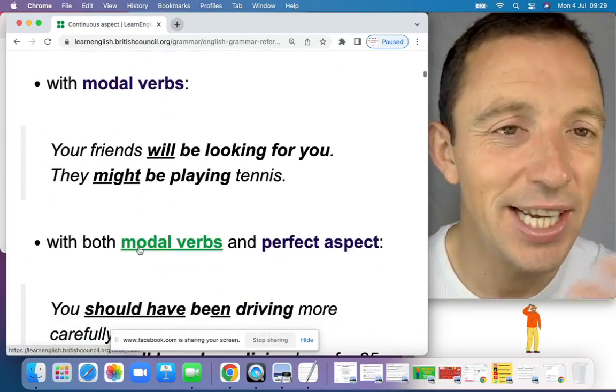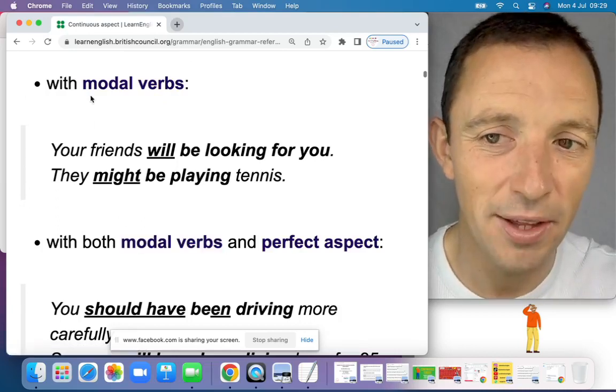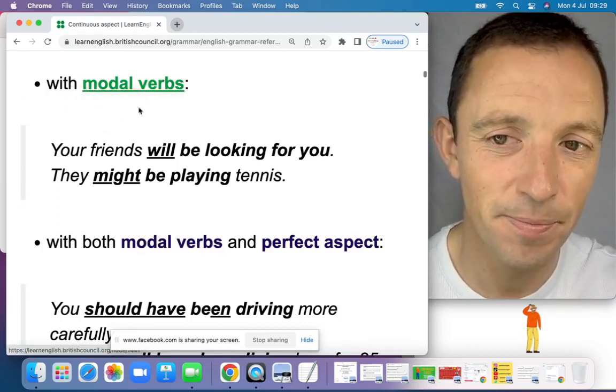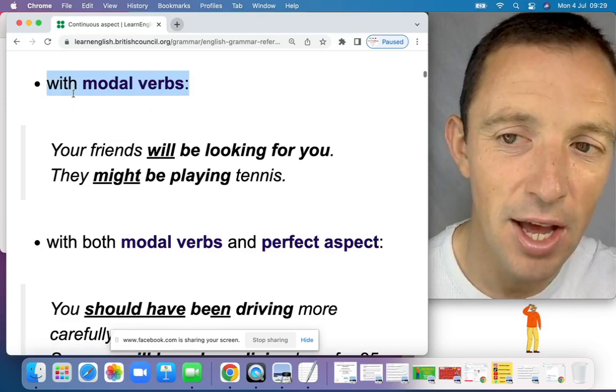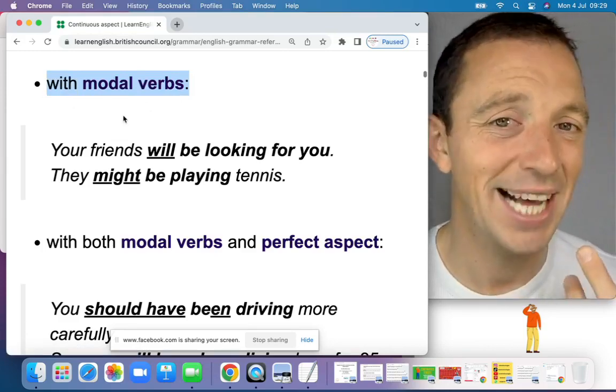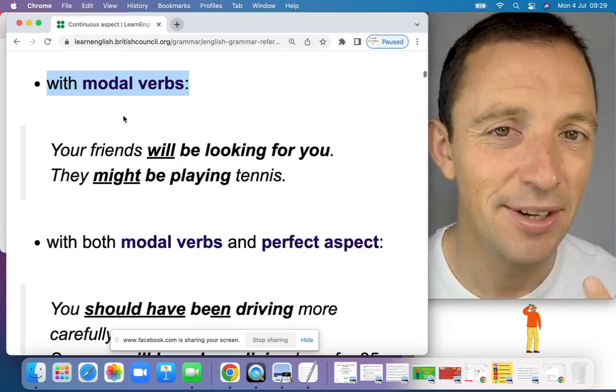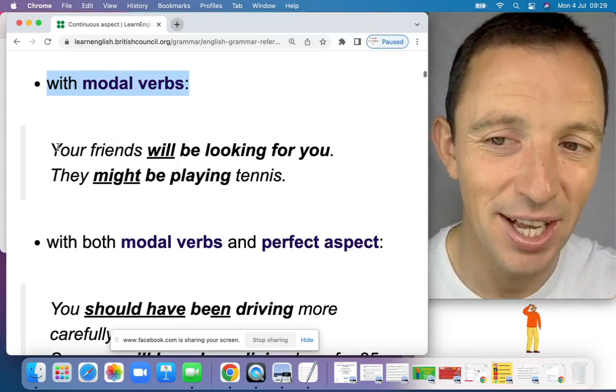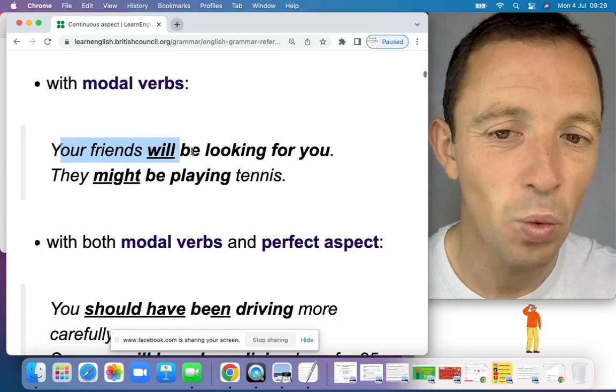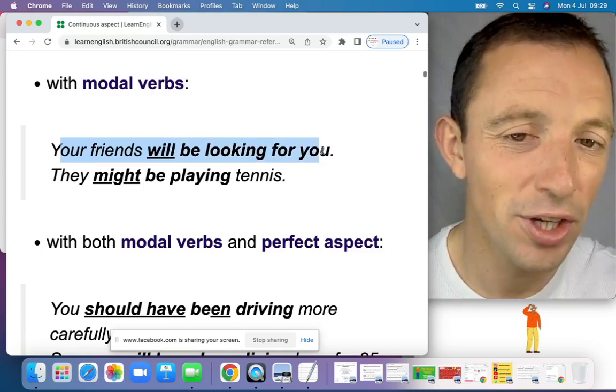Next, the continuous aspect with modal verbs. So it's possible to use the continuous aspects, the continuous tenses with modal verbs. For example, your friends will be looking for you.